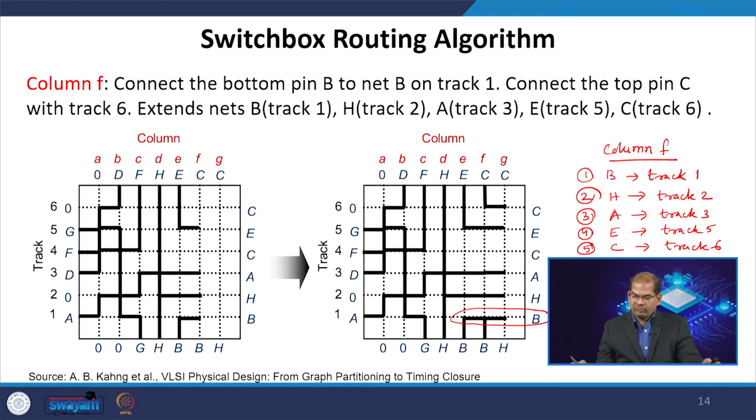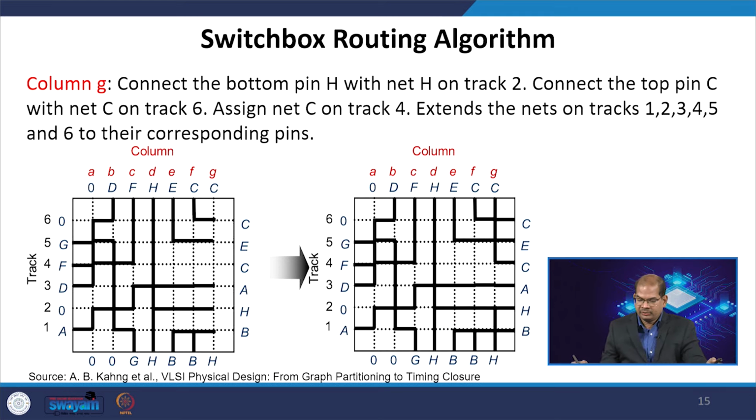Now if you go to the next one, your C is in track 6, this is column G.